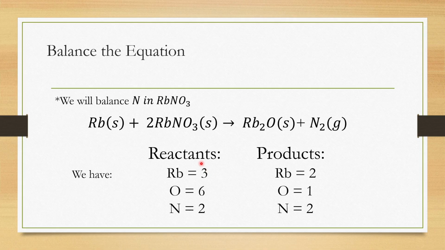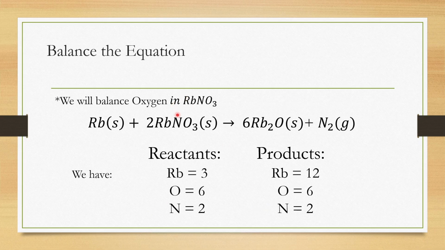And then for oxygen, since we have 3 oxygen here, but we have 2 molecules, there's going to be 6 here. And then for nitrogen here, it becomes 2, since there's 2 molecules entirely. As we can see, we now have the nitrogen balanced.